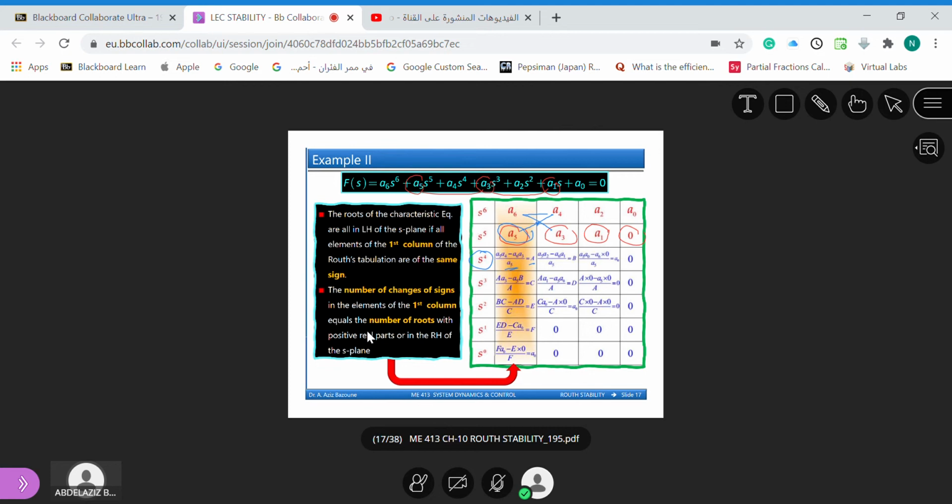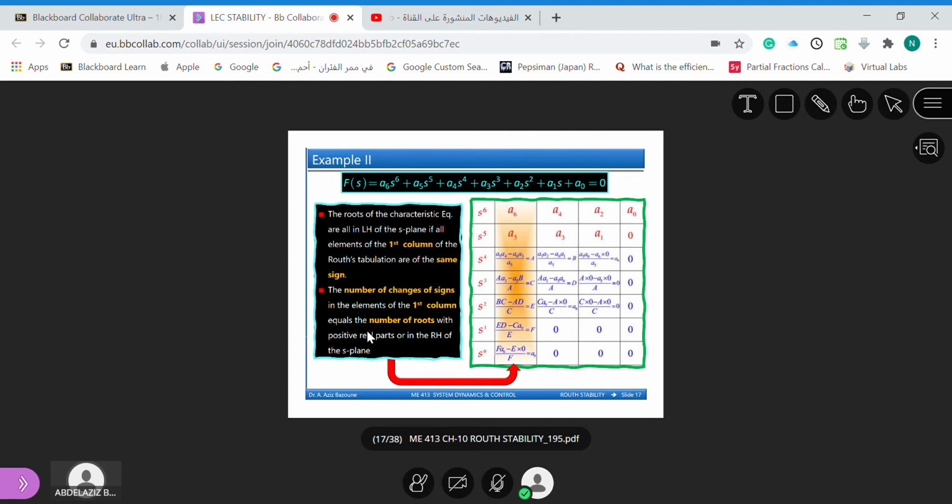This one will be A5 times A2 minus A6 times A1 over A5. The last one here, the B, will be A5 times A0 minus A6 times 0 over A5. I finished the first row. I'm calling them capital A, capital B, capital C.